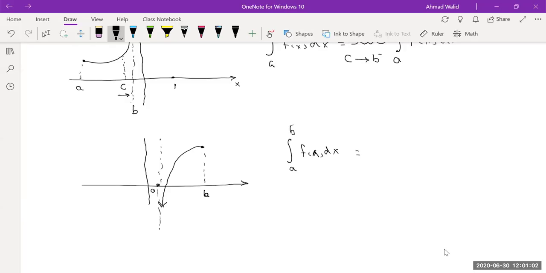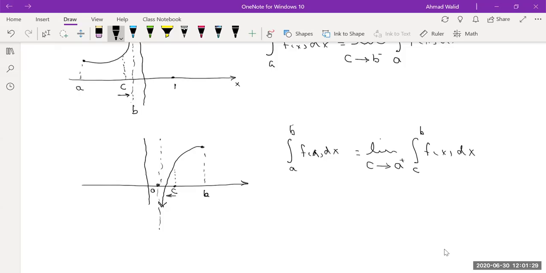I'll name it C and take the limit, C approaching A this time. If I choose a point here, for example, C is approaching A from which side? From the right side. Approaching A from the right, integral C to B f of x dx.